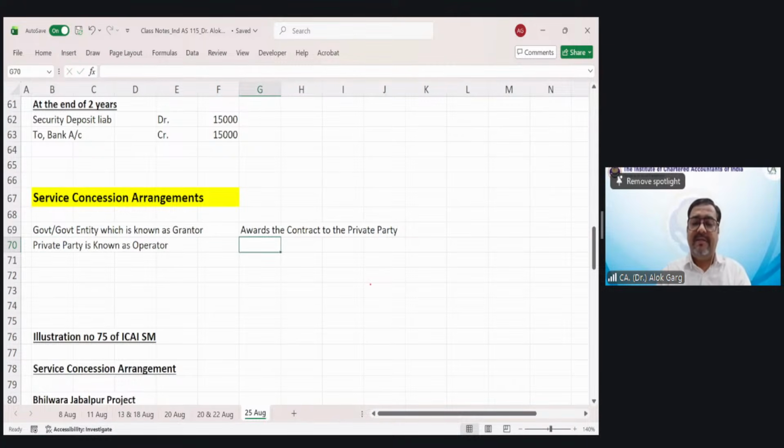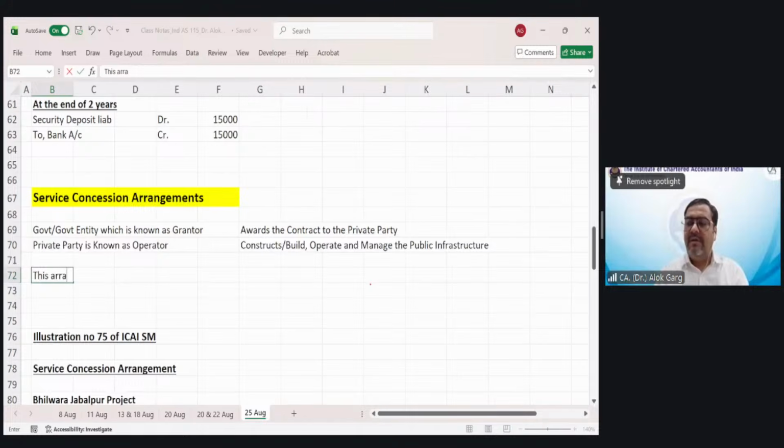This private party constructs, builds, operates and manages the public infrastructure. This arrangement is known as a service concession arrangement.